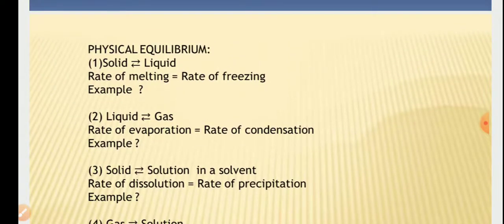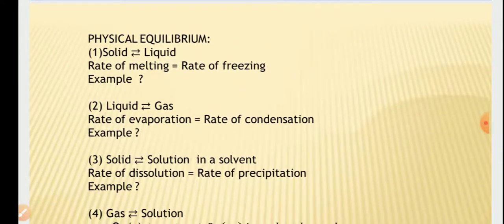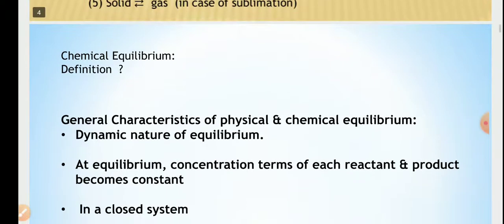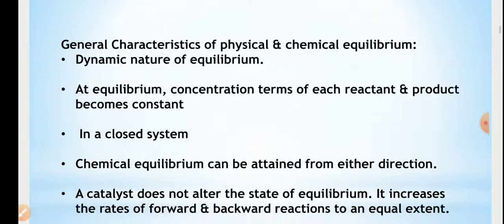If you think about physical equilibrium, it is very easy and you are well known about this, that is solid to liquid, if you consider ice and water. Now, what is chemical equilibrium?